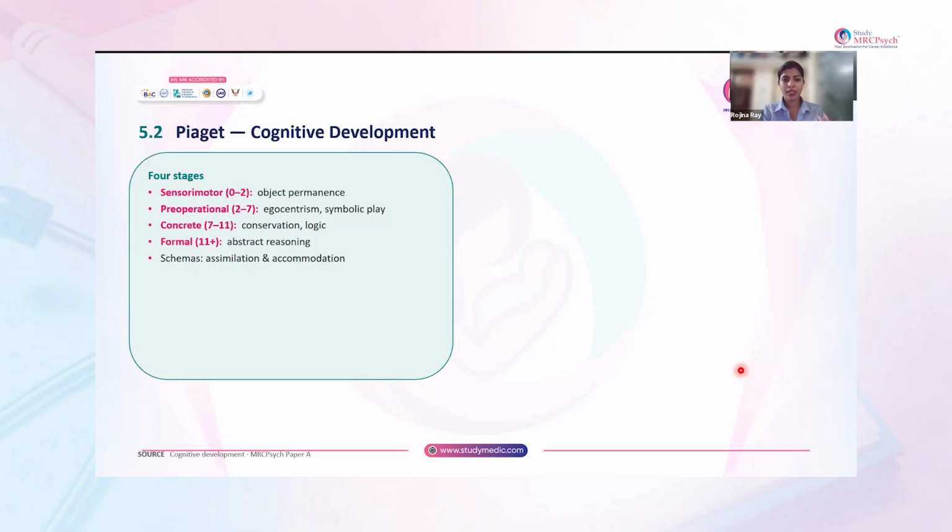So he described 4 stages. Each of the 4 stages is qualitatively different. For example, a child cannot move from the pre-operational to the concrete operational stage until they have mastered the concept of conservation. So let's try to look at the stages one by one.